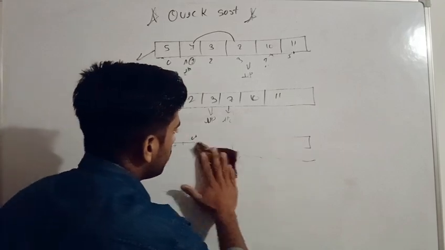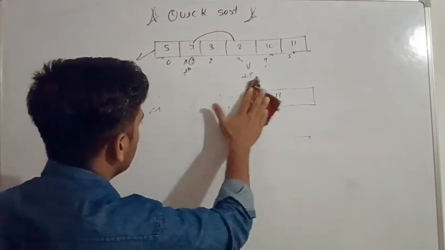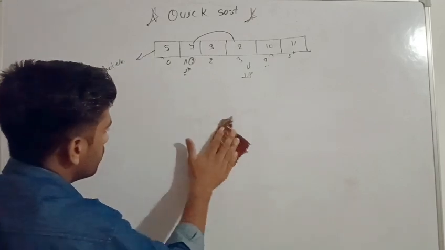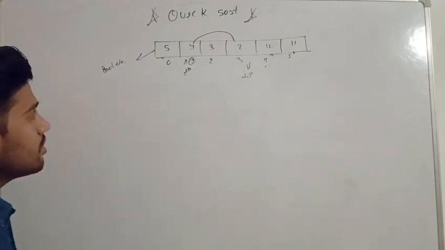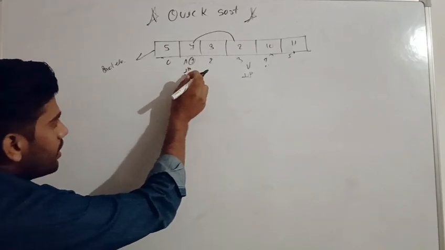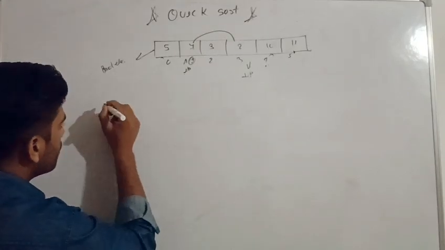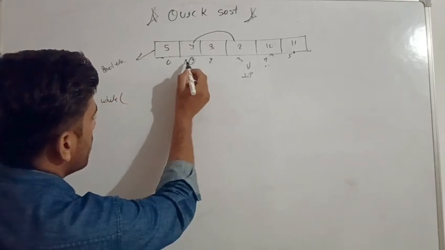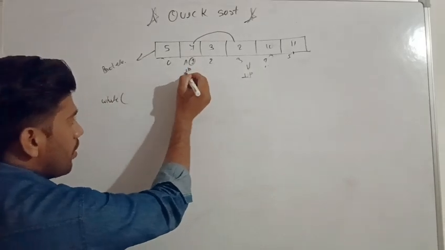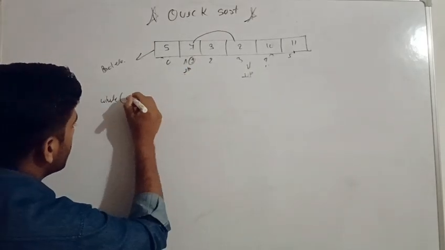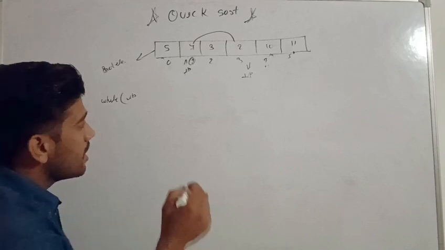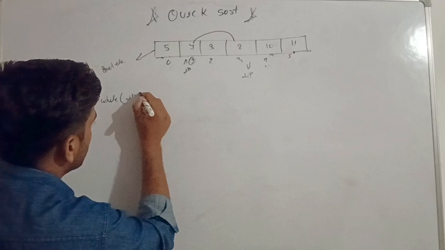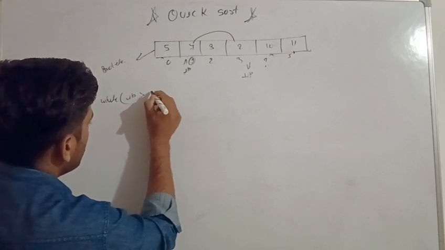Now okay, there is a first condition. There was the while, the first condition was while lower bound element is greater than, okay, pivot element.